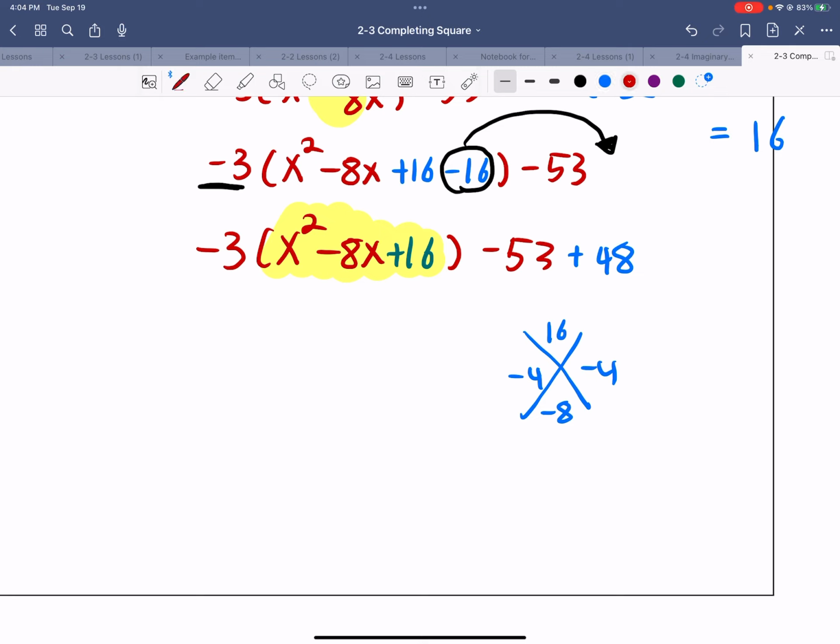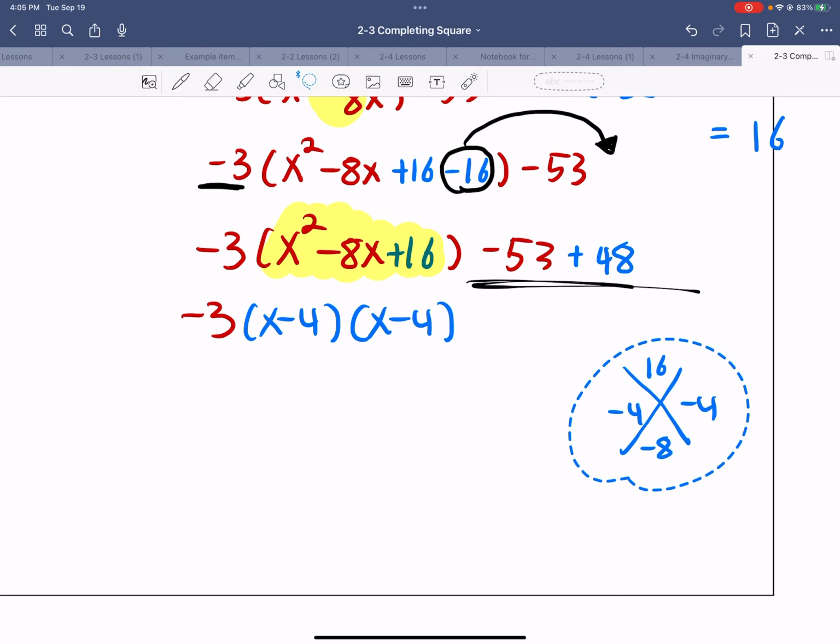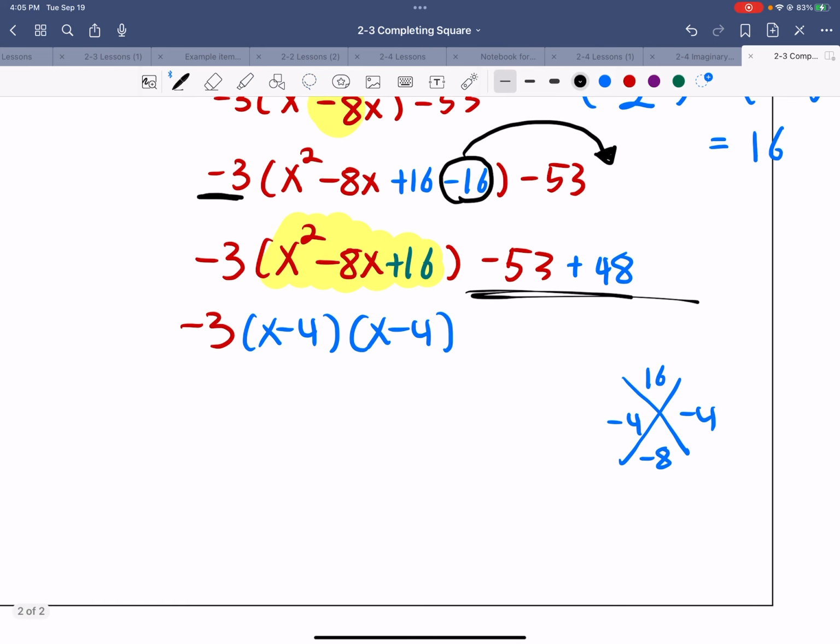So it's going to be -3, x minus 4, and x minus 4. And what's -53 plus 48? That's going to be -5, if I'm right. So it's going to be f of x equals -3, x minus 4 squared minus 5.